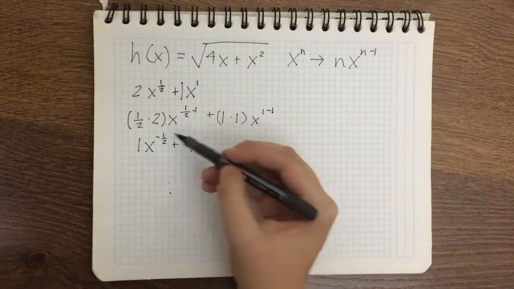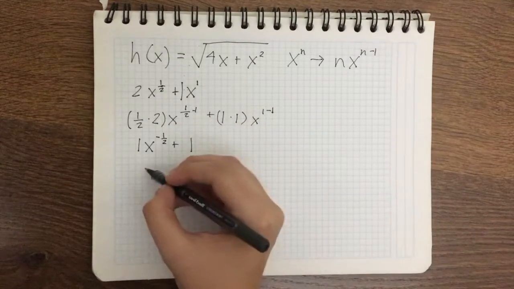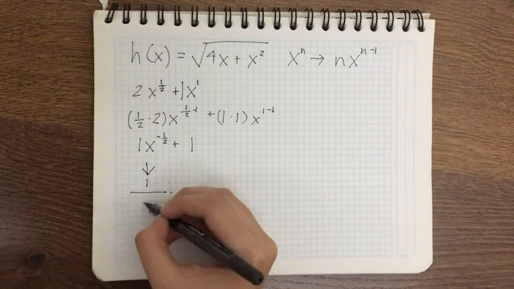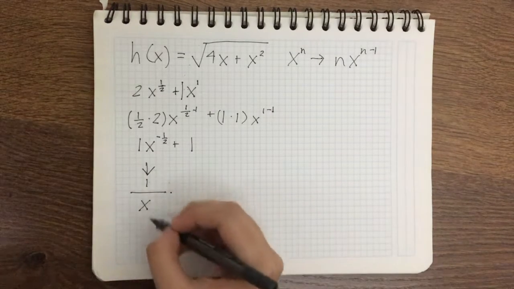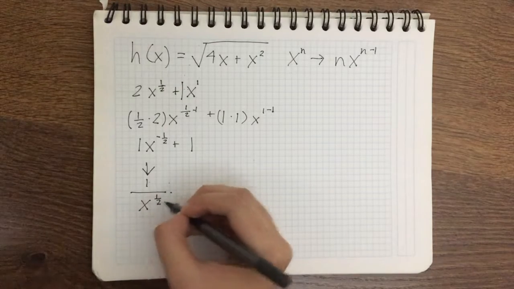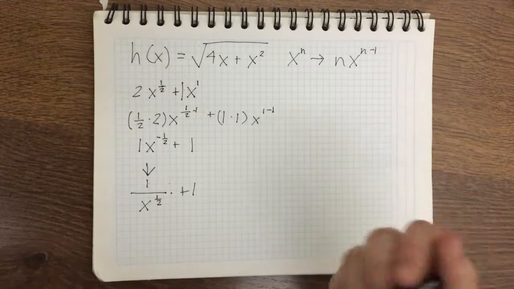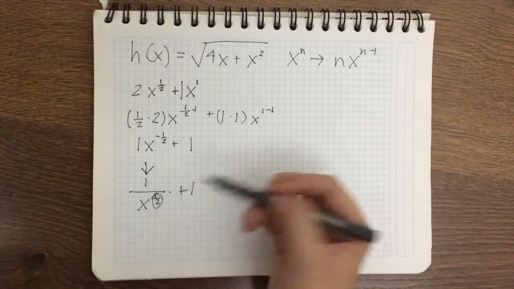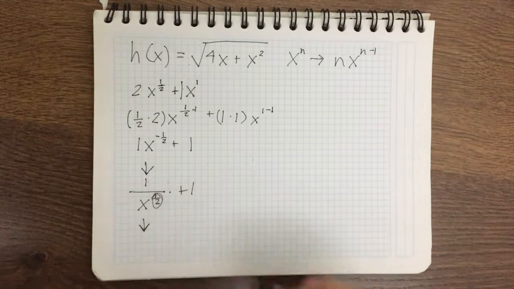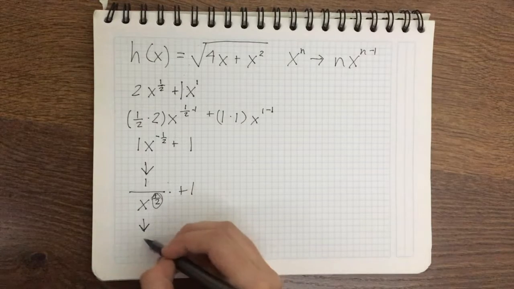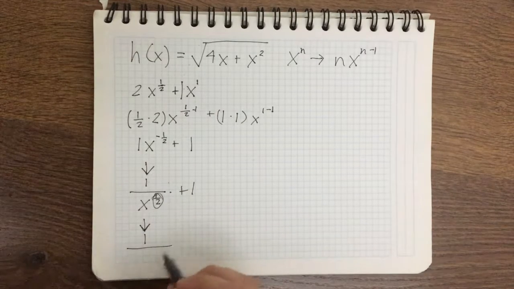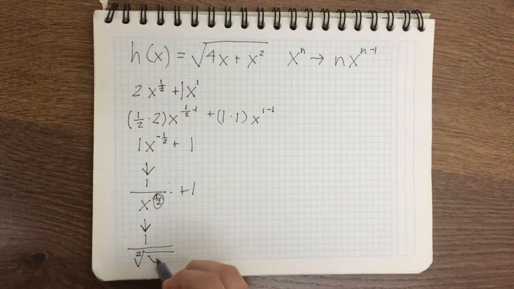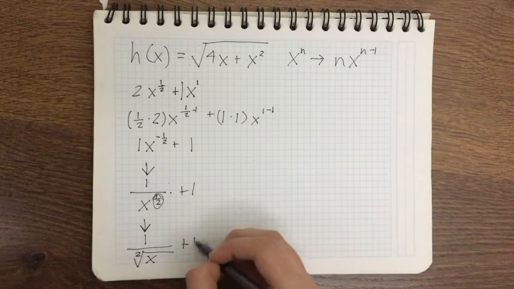Now the problem with this is that we cannot have a negative exponent. So we bring it down and we make it positive. So 1 over x to the 1/2, plus 1. Now the problem with this is that we cannot have a fraction down here. So we modify it once again, and it's 1 over the square root of x, plus 1.